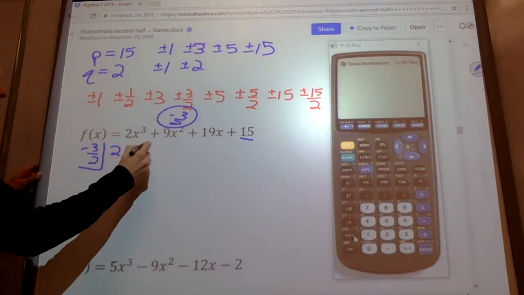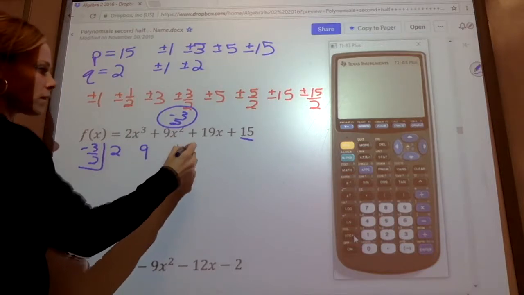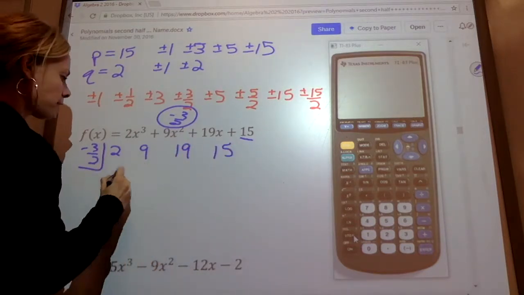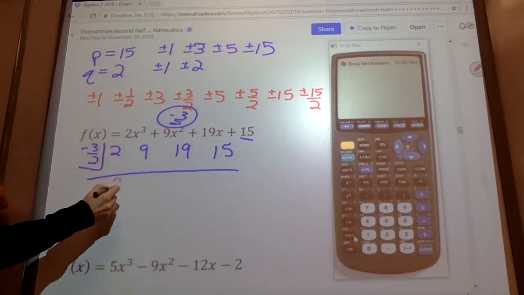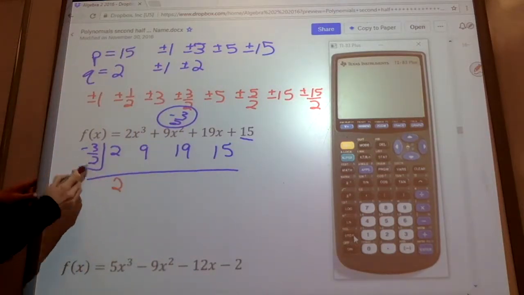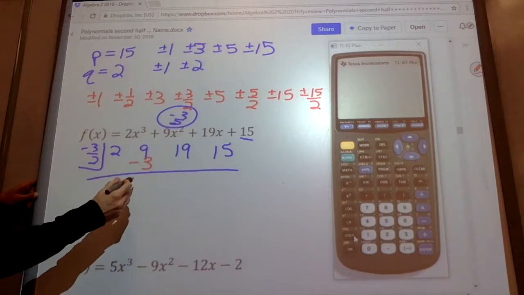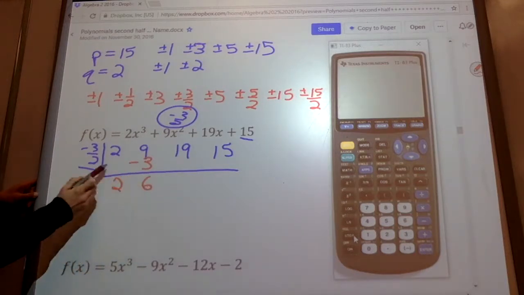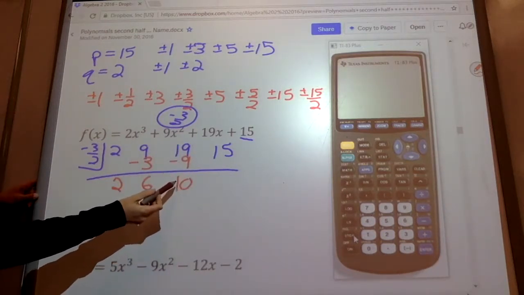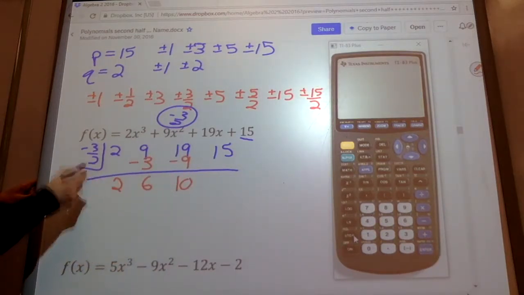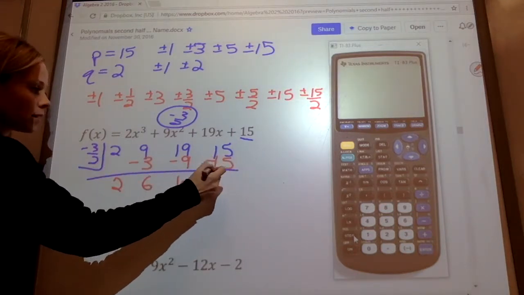So synthetic division, I hope for a 0 as a remainder. Bring down your first term, multiply, -3, add 6. 6 divided by 2 is 3, times -3 is -9. Add 10 divided by 2 is 5, times -3 is -15, right?